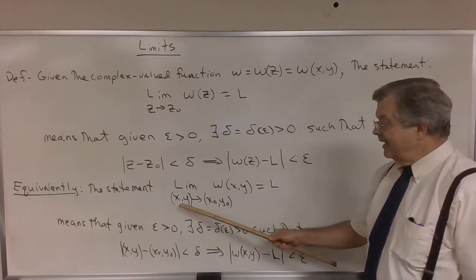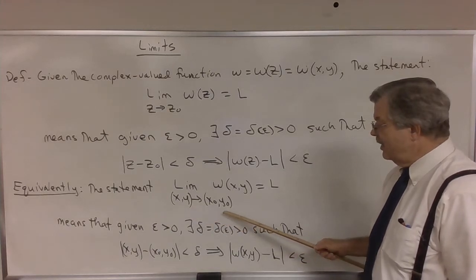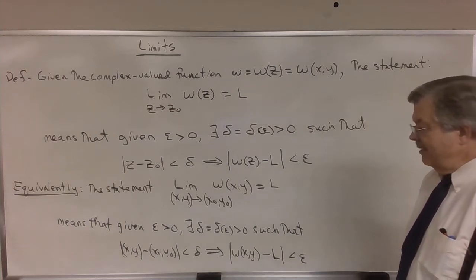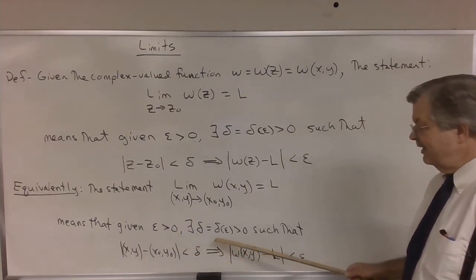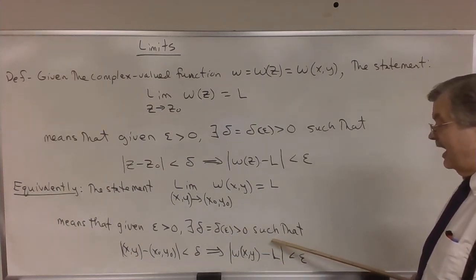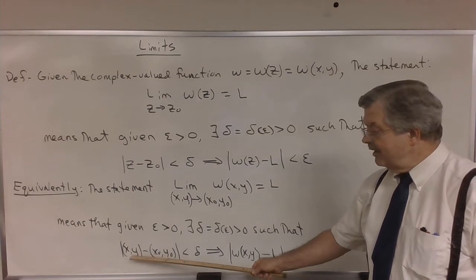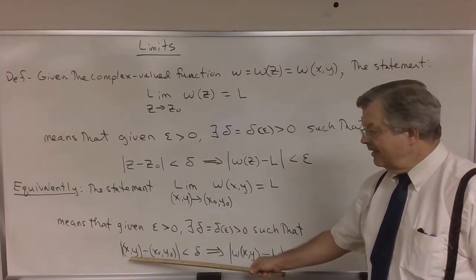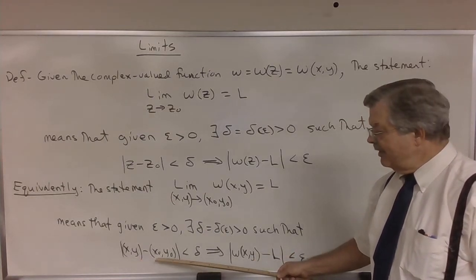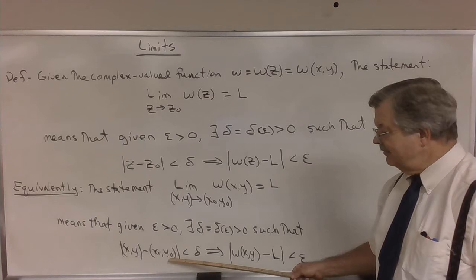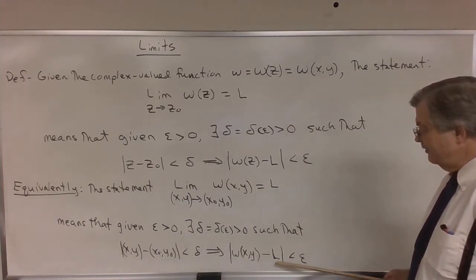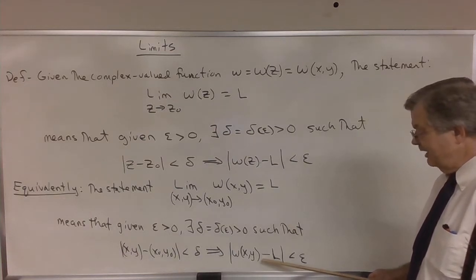The limit as (x, y) approaches (x naught, y naught) of W of (x, y) equals L means that given epsilon greater than 0, there exists a delta which is a function of epsilon, such that if the ordered pair (x, y) and the ordered pair (x naught, y naught) are sufficiently close to each other, then W of (x, y) and the complex number L will be sufficiently close to each other.